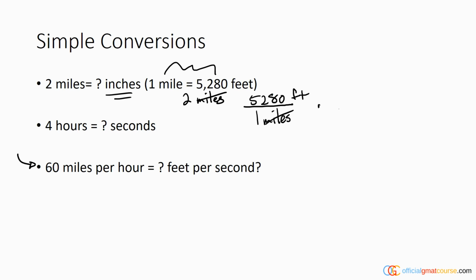And now I need to turn feet into inches, and I have 1 foot is equal to 12 inches, and the feet cancel. And now the only unit we have left is inches. And so 2 times 5,280 times 12 inches is our answer.